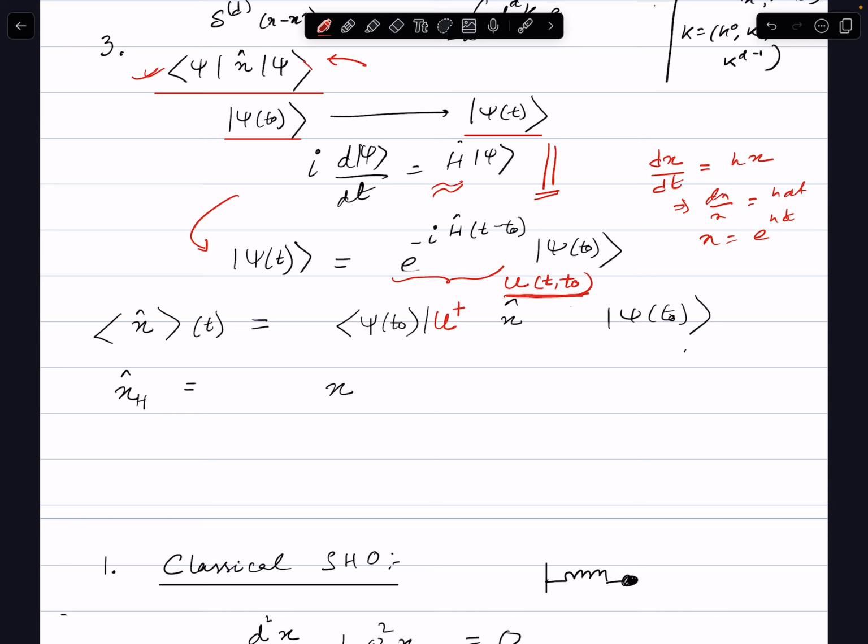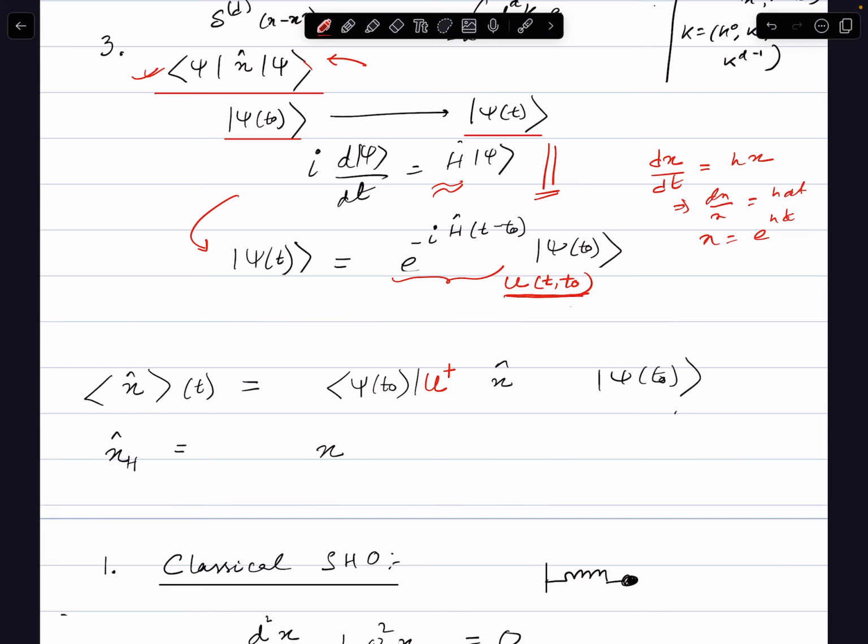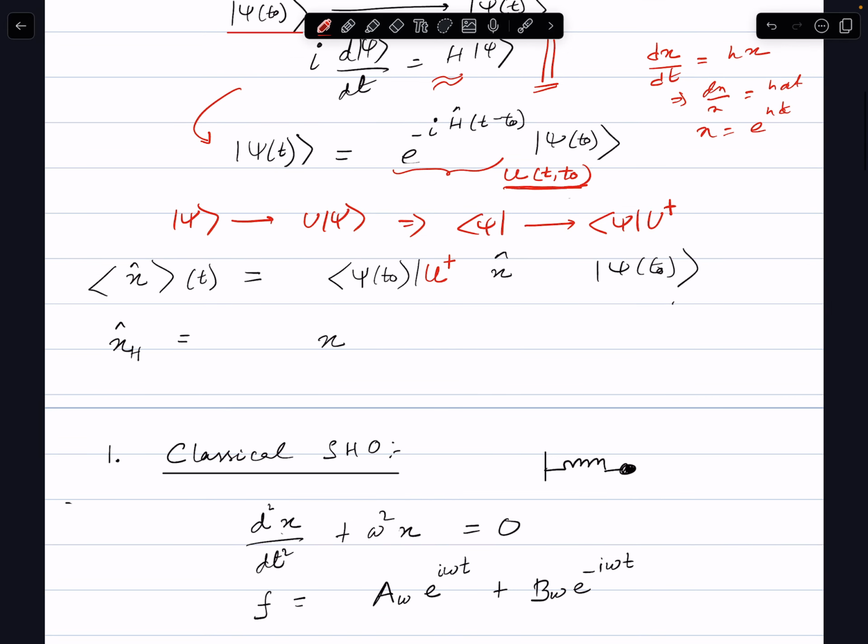So psi going to U psi means that its dual goes to this dagger, and so the expectation value has two psi's here.